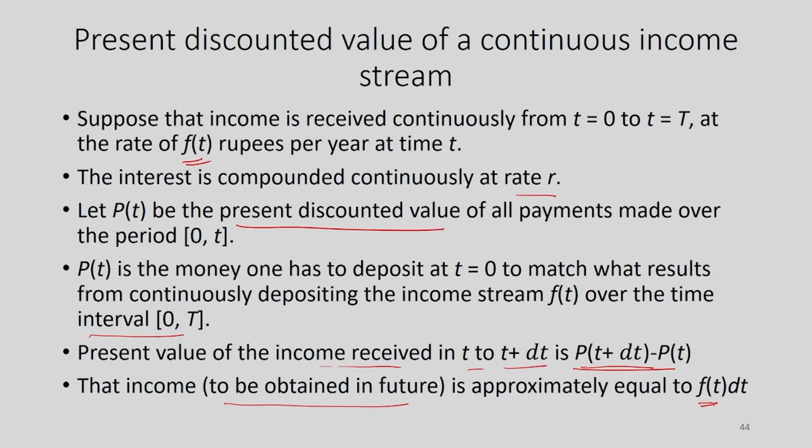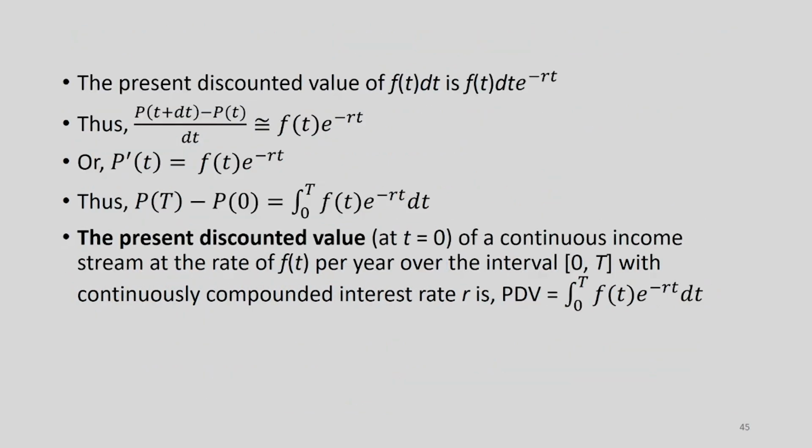f(t) is the stream at point t, and you are changing the time a little bit. So, the amount of income that you are going to earn in that small dt period is approximated by f(t) multiplied by dt. And the present discounted value of f(t) dt is f(t) dt multiplied by e to the power minus rt.